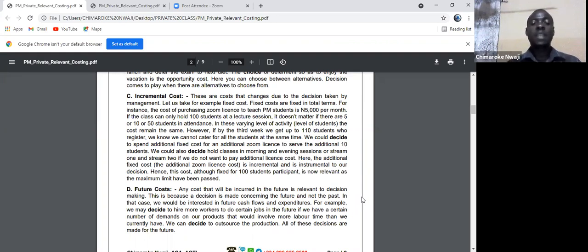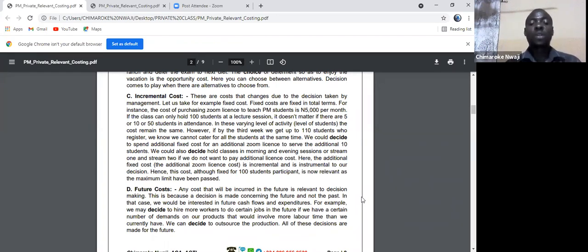But by the time we increase to like 101, 110, you find out that anybody joining in after the 100th person, it will tell you that the group is filled up, and so the person cannot enter.